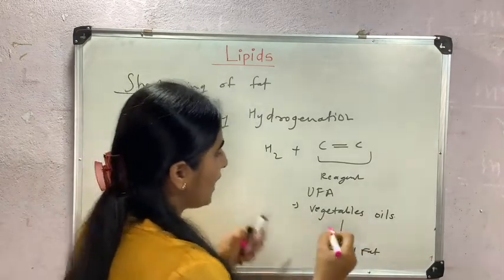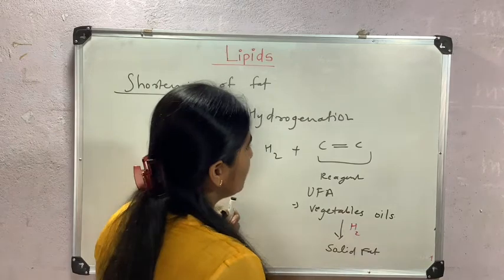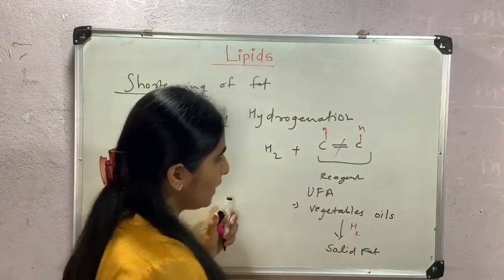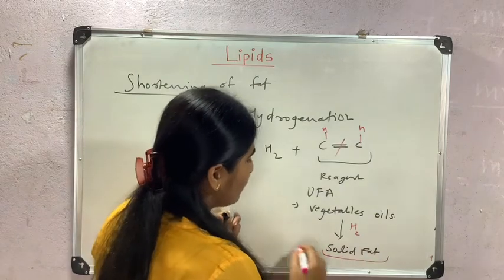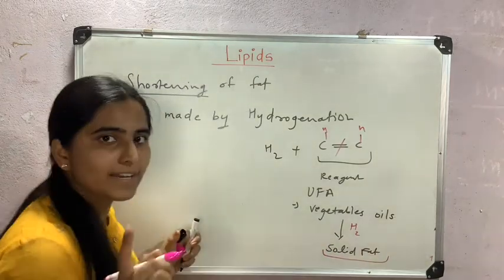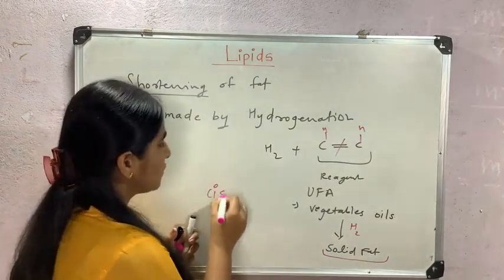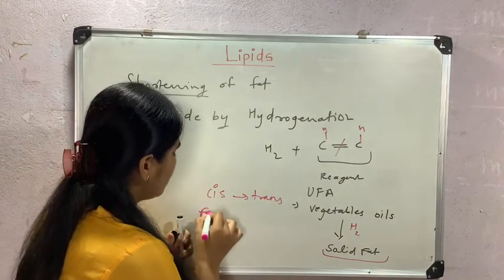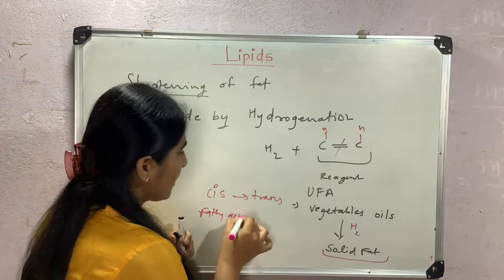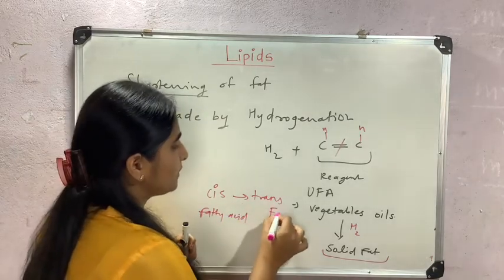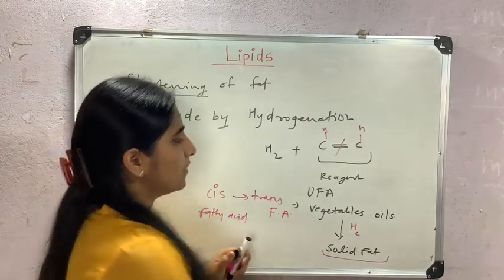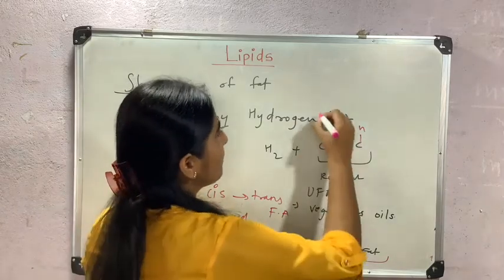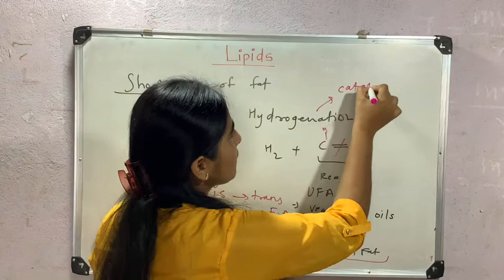Here we are adding hydrogen H2, and we will get solid fat. There is a transition from cis to trans fatty acids. This hydrogenation occurs in the presence of a catalyst. Remember, the catalyst is nickel.